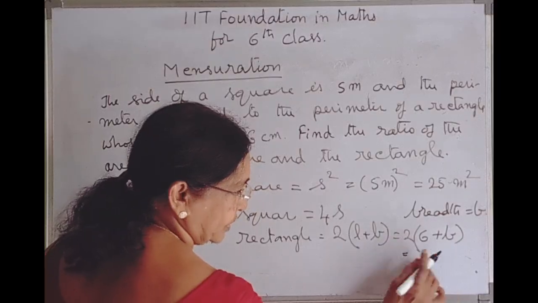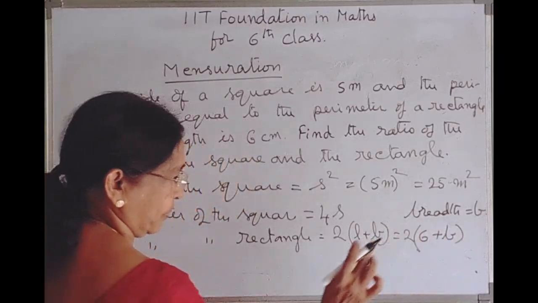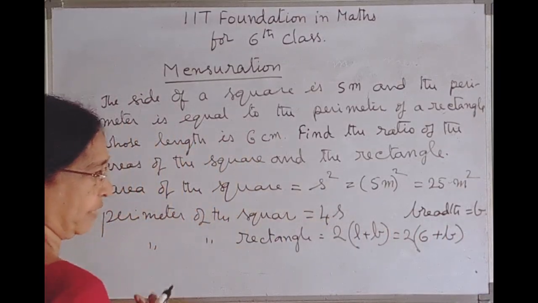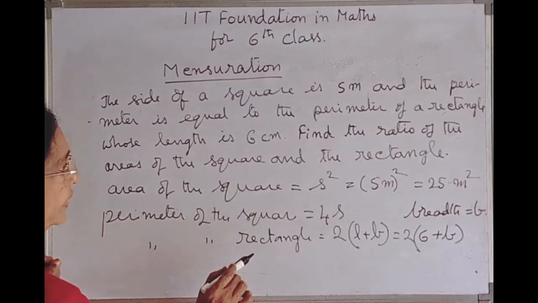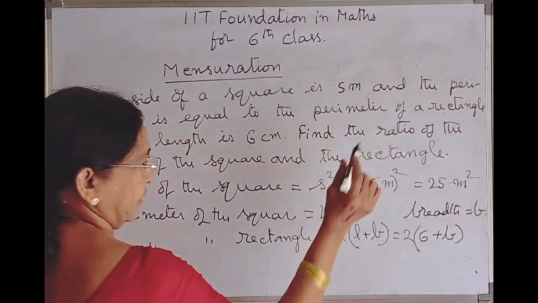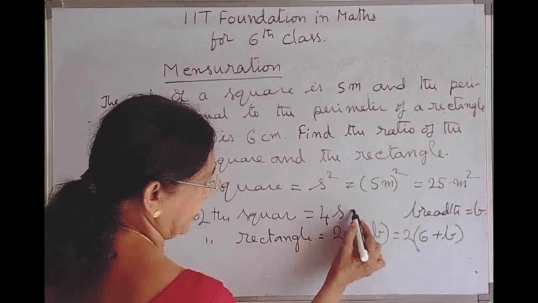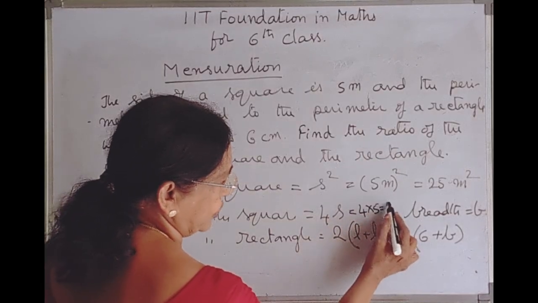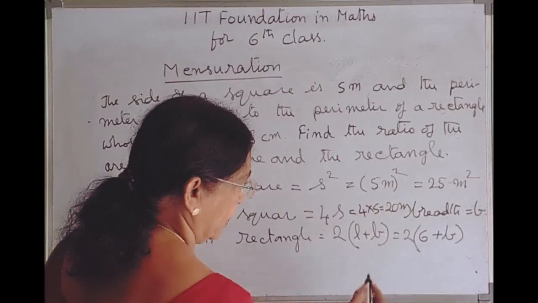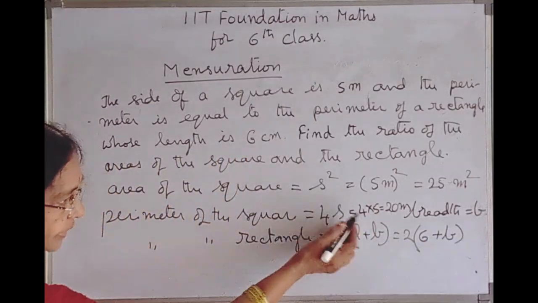Therefore, this is equal to 2 into 6 plus B. And these two are equal. The perimeter of the square and the perimeter of the rectangle are equal. Here 4 into S, S is 5 meters, so 4 into 5, 4 fives are 20 meters. So these two are equal.